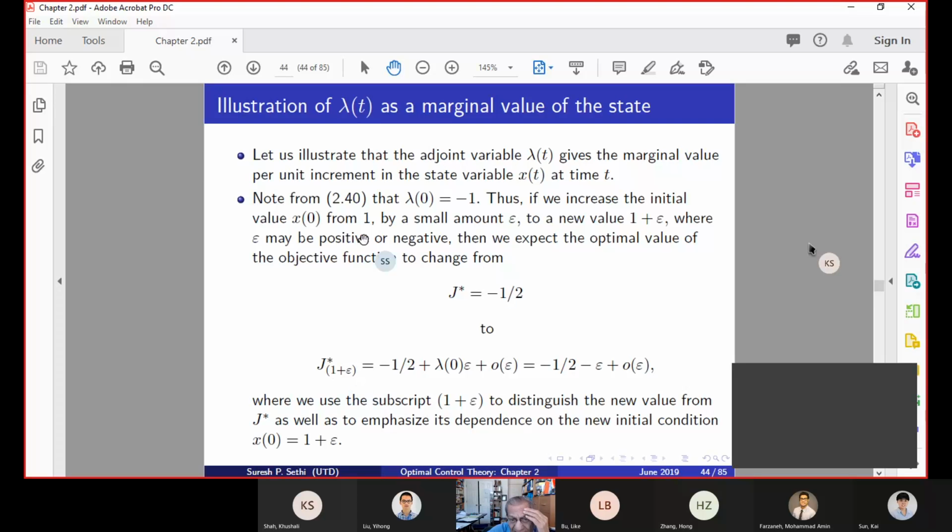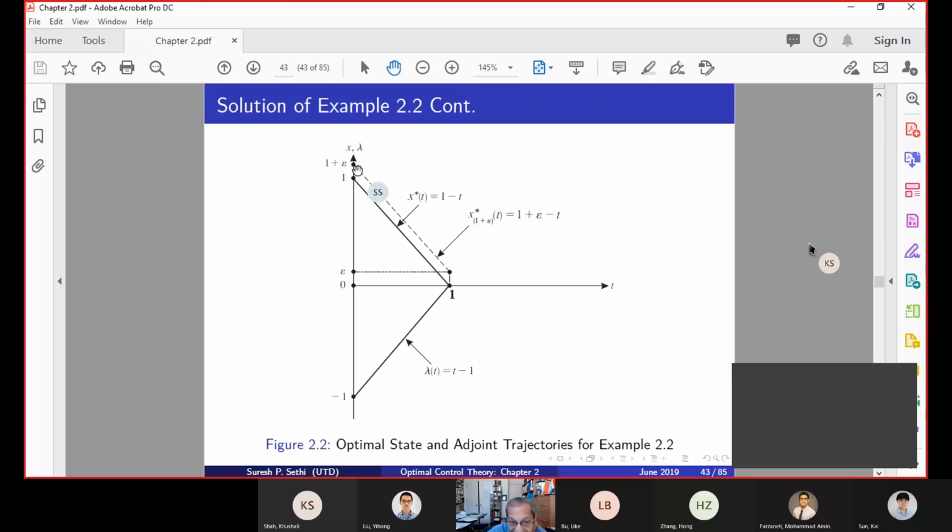Then by our value of lambda 0 being minus 1, I can see that the new value should be approximately minus half plus lambda 0 times epsilon plus some little o epsilon. So the value is minus half minus epsilon plus little o epsilon, which goes to 0 as epsilon goes to 0. But in our case, it was minus half minus epsilon.